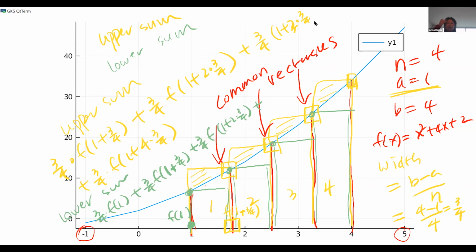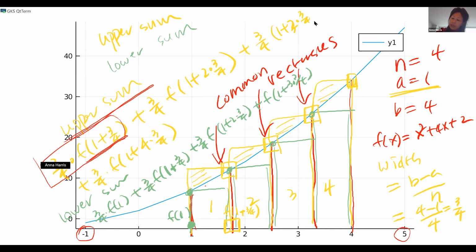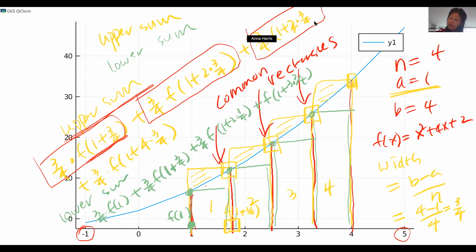Okay, so look at the upper sum and lower sum. Let's compare. Upper sum starts with f of 1 plus 3/4. As you can see, this and this and this are common with the lower sum.